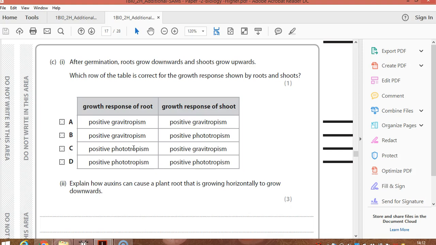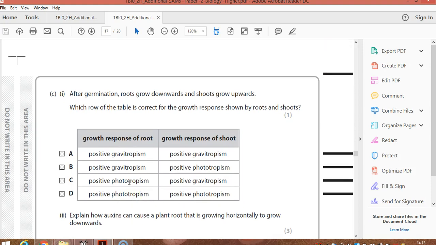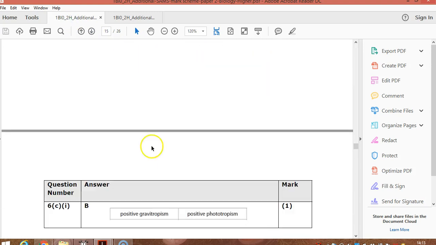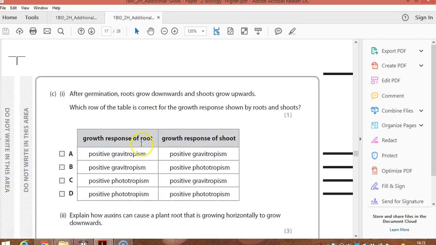Is it C, the root has positive phototropism and the shoot has positive gravitropism? Is it D, the root has positive phototropism and the shoot has positive phototropism? Off you go. Answer is B. The root has positive gravitropism and the shoot has positive phototropism.